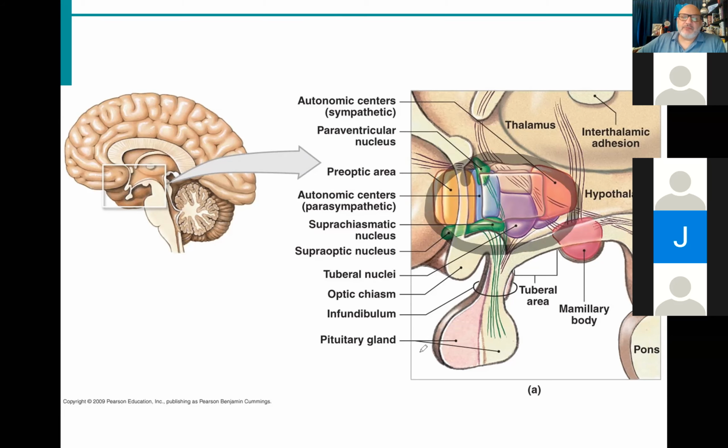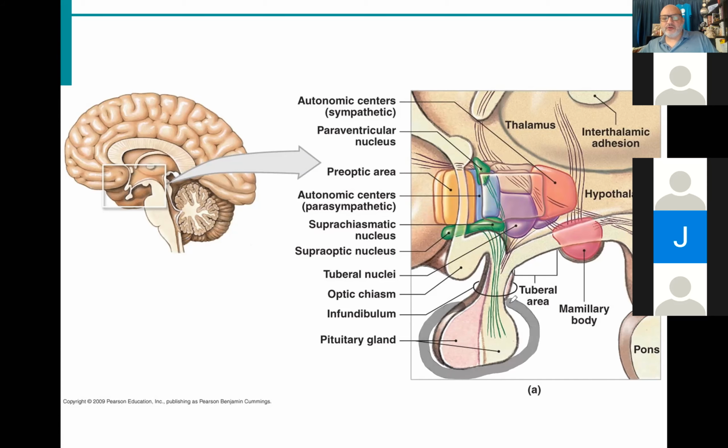However, that isn't the most important thing that it does. To understand the most important thing that it does, we have to look below the hypothalamus. Notice below the hypothalamus is a structure that is known as the hypophysis, or what is also known as the pituitary gland. And both of those are acceptable terms.